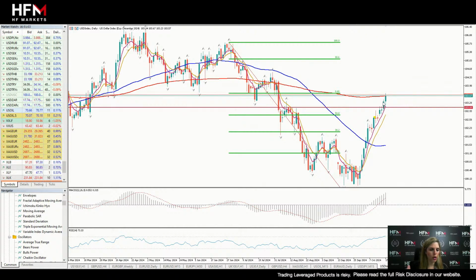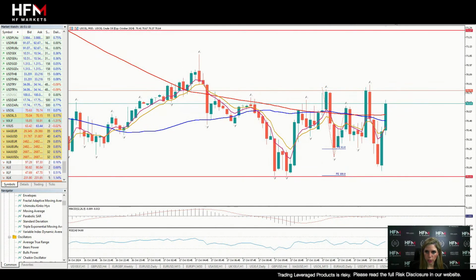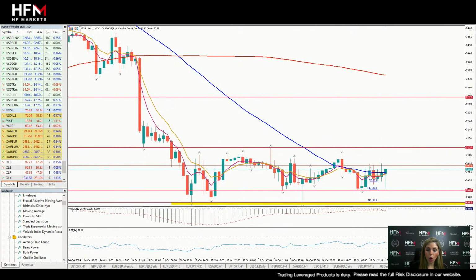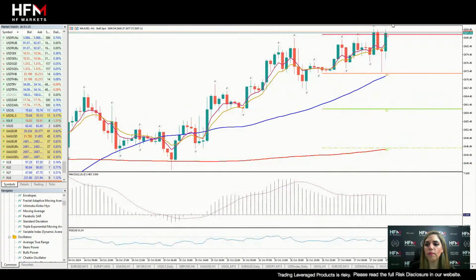So strong dollar, weak euro, oil under pressure, steady but overall under pressure. Gold in a rally, right? That's pretty much it.